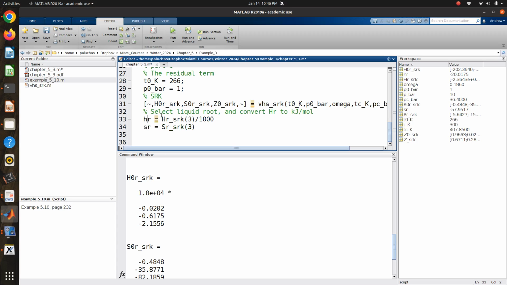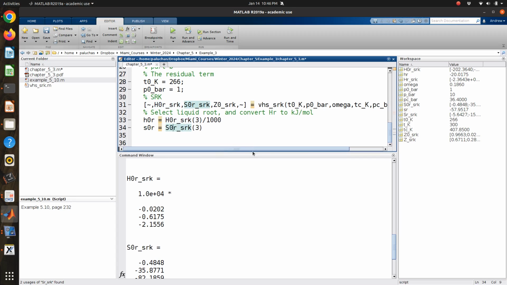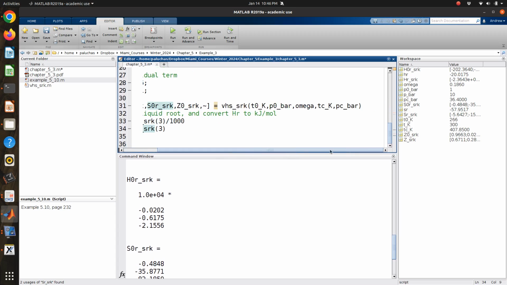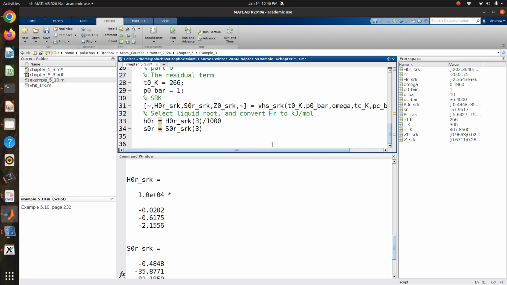So now this is going to be H naught R3 and S naught R3. I updated it, so I'm going to get rid of this. And then calculating, I'll call it residual difference.